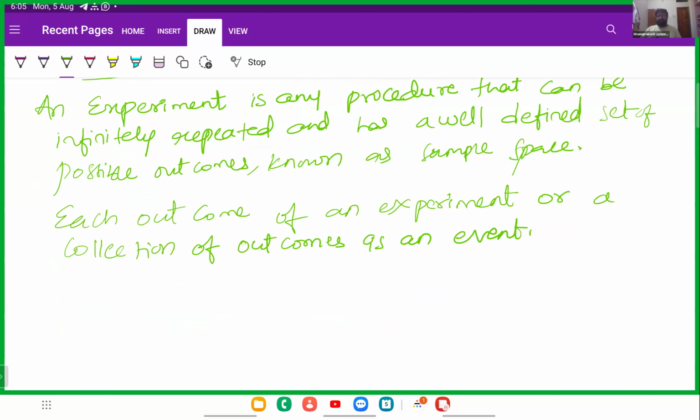Done. No, sir, last line. So what did you write there? Known as? Sample space. Okay, sir.